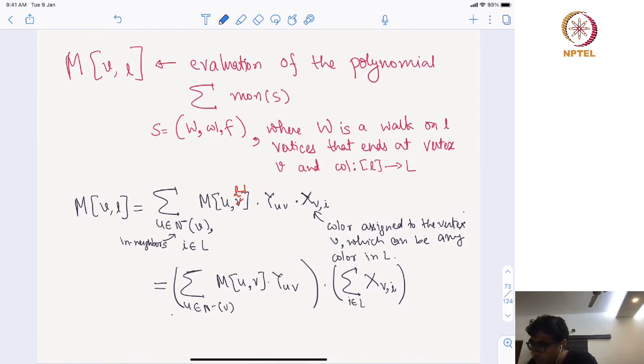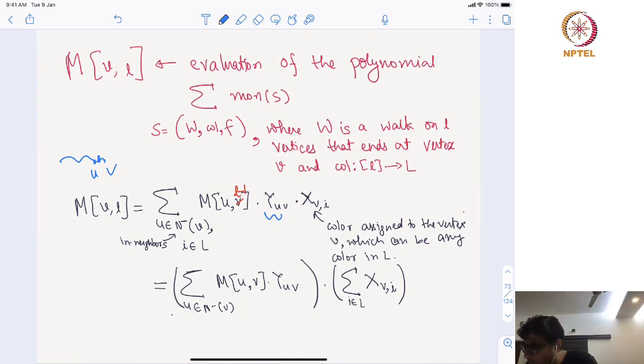So, what is M V L? Let us write this. If I am trying to construct a path, that is, compute all walks of L vertices that end in V, it means I must come from some U which is an in-neighbor of V. So, a summation over U in the in-neighbors of V. After that, I have to take this edge UV. This is how your polynomial is.